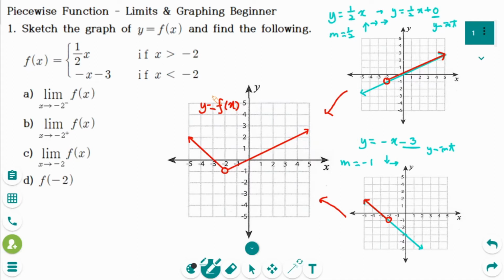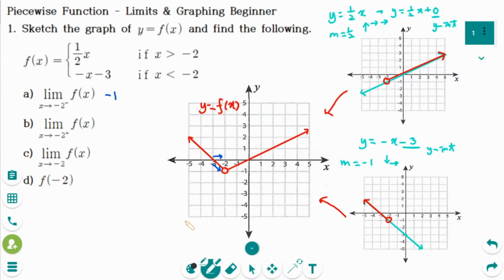Number A is the limit of f(x) as x approaches -2 from the left. So x equals -3, -2.5, and -2.1, like this. The y value is approaching -1.